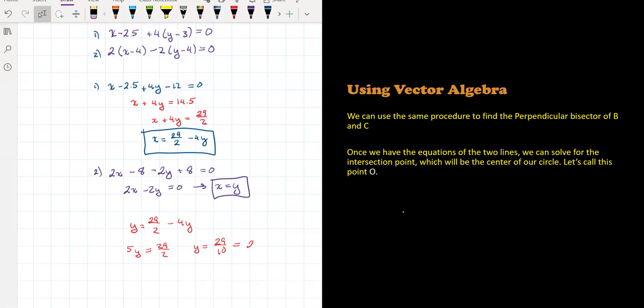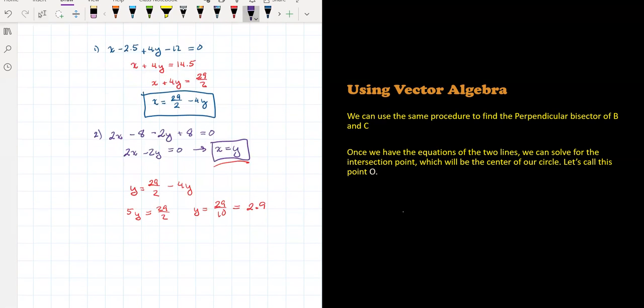Or if we want to write this as a decimal, 2.9. Okay, and then our x coordinate is the same thing because x equals y. So the center of our circle, which is the intersection of the two perpendicular bisectors, is (2.9, 2.9).